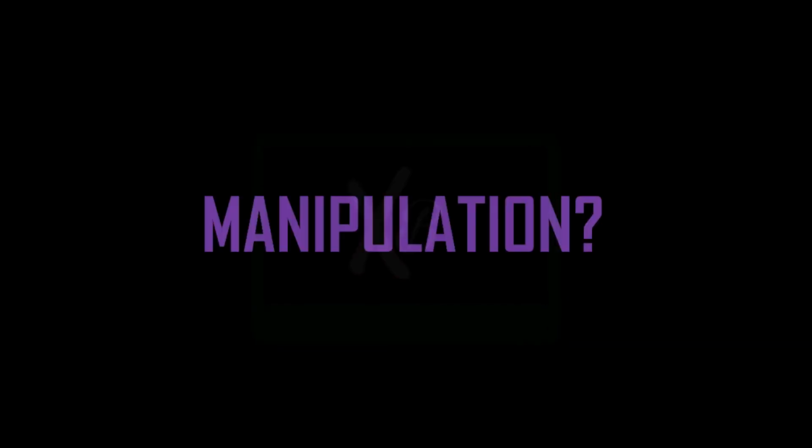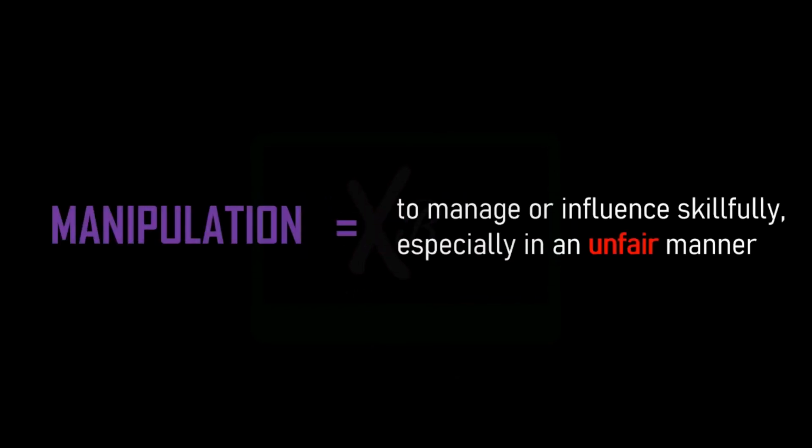But what is manipulation? If I define it here, to manage or influence skillfully, especially in an unfair manner. This word unfair sounds a bit illegal, but yeah, that's what we are going to do with strings now. So to manage or influence skillfully, but that first line is not enough. We have especially in an unfair manner, and that's something very important.